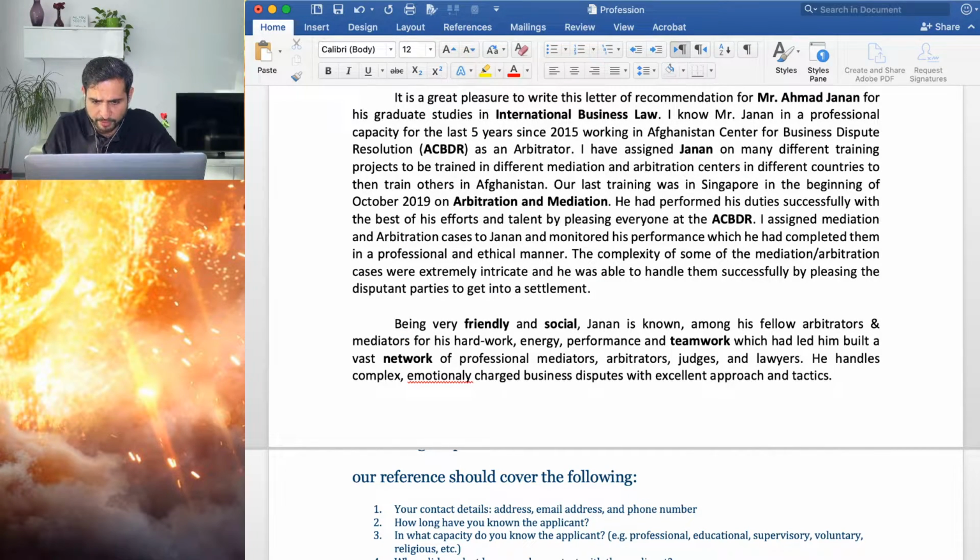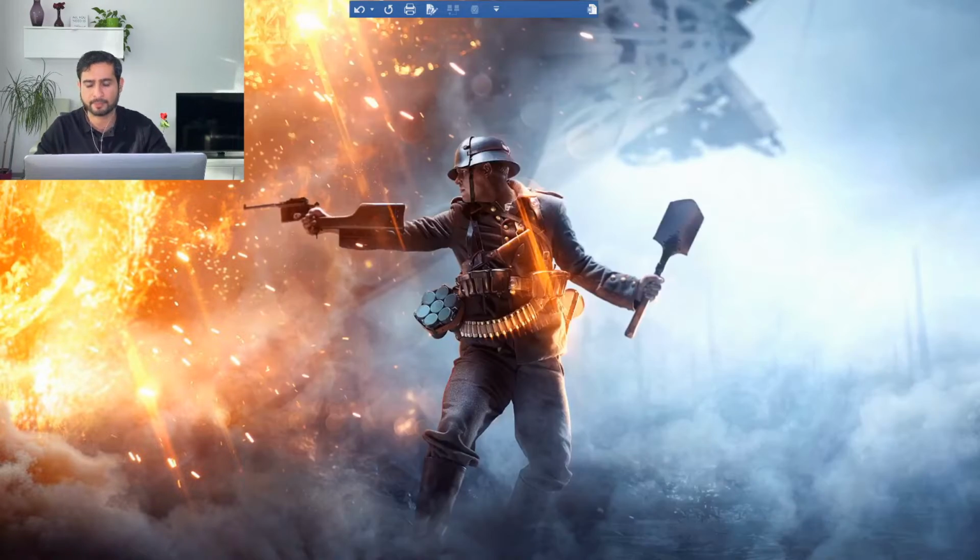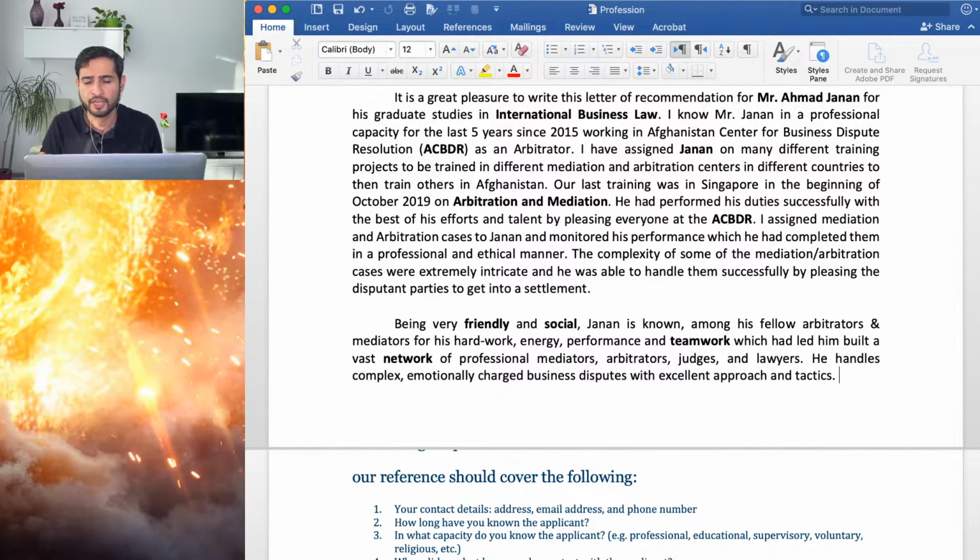This is something that explains the legal work. If you are a doctor, for example, your employer can write such a thing, or you as an employer can write that she handles complex, hard operations with excellent approaches and tactics.